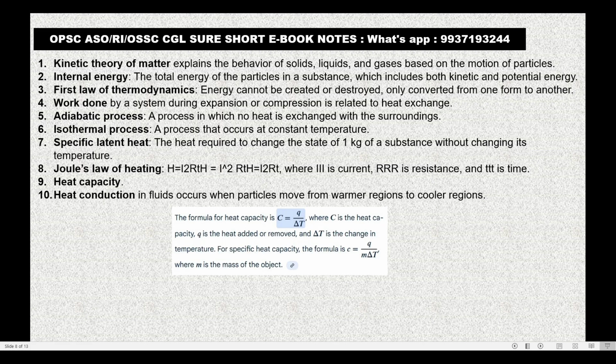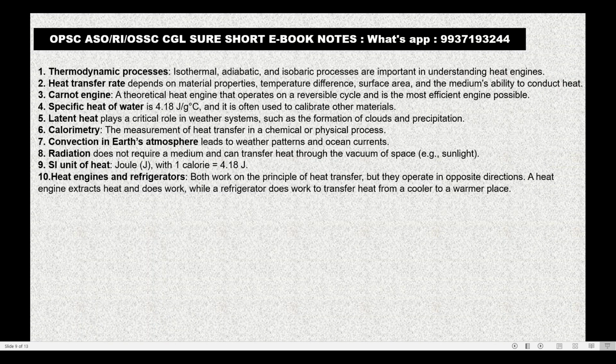Heat conduction in fluid occurs when particles move from a warmer region to a cooler region. Next, thermodynamic processes: isothermal, adiabatic, and isobaric processes are important in understanding heat engines. Heat transfer rate depends on the material properties, temperature difference, surface area, and the medium's ability to conduct heat.